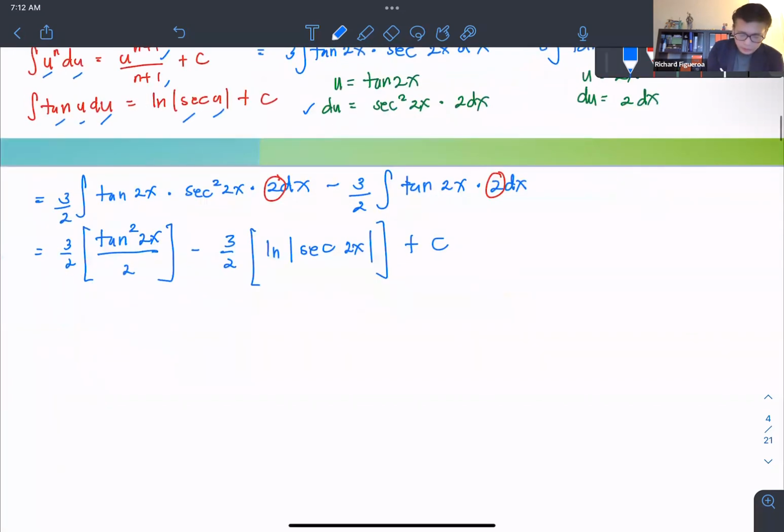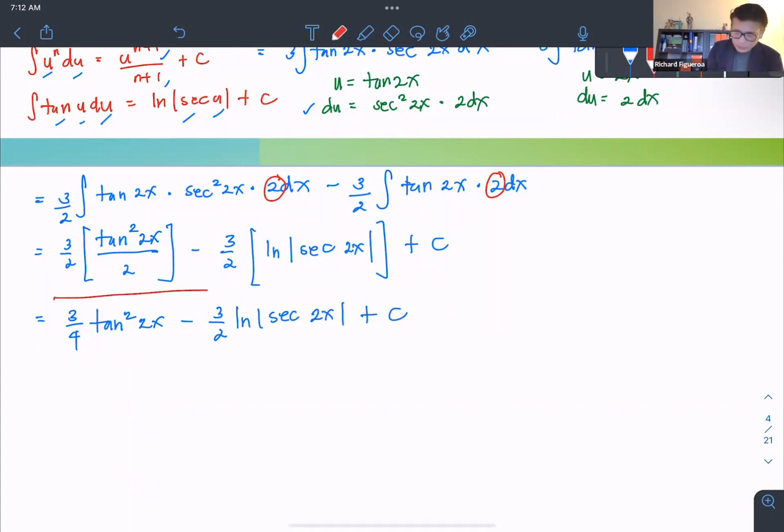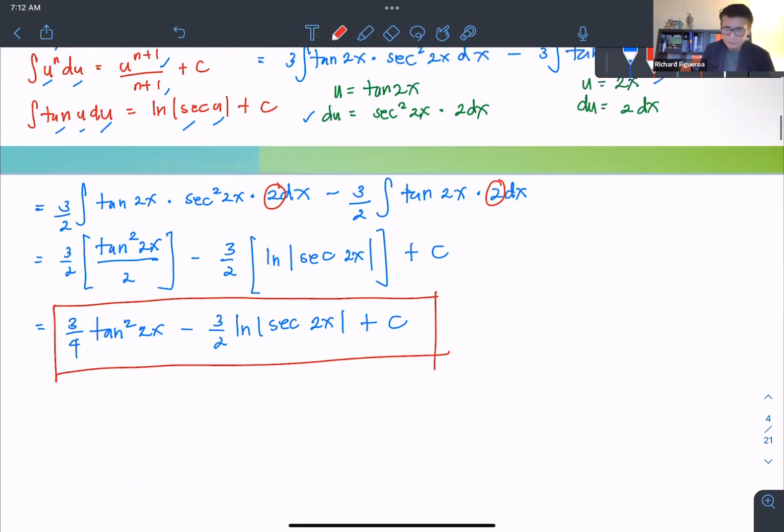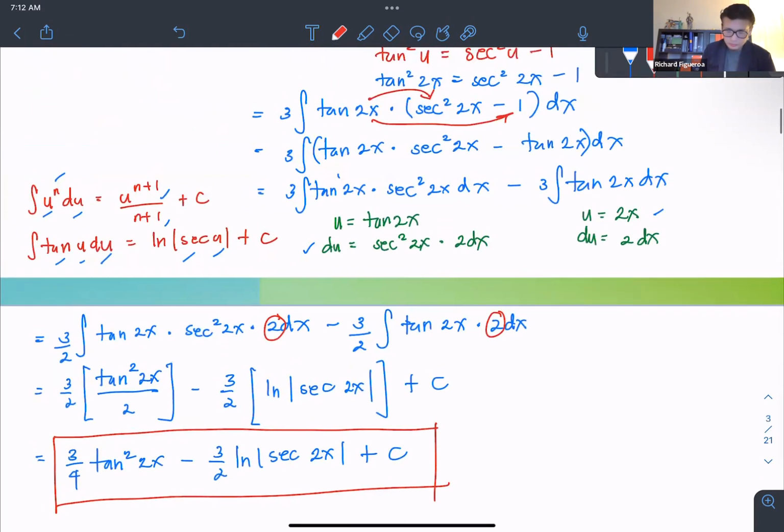So finally, our answer would be 3/4 of tangent squared 2x minus 3/2 of ln of secant 2x plus c. And this would be our final answer. So that's how we do it.